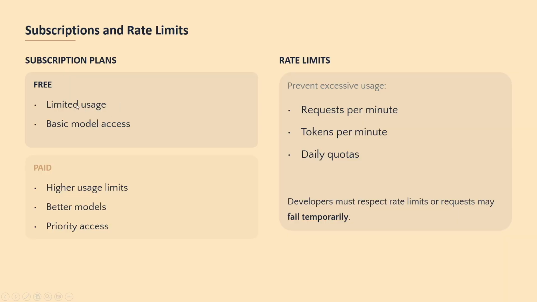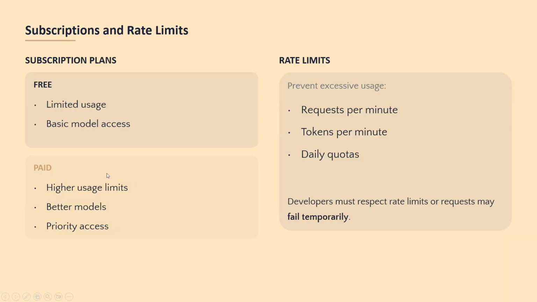So, there is limited usage, and basic model access is available for multiple LLMs, and there are paid plans also, and when we pay there are higher usage limits and better models available, where it can be accurate. May be accurate or not, we do not know, based on the user requirements. And there is some priority access, sometimes it would say there is no access for this model, so you have to pay.